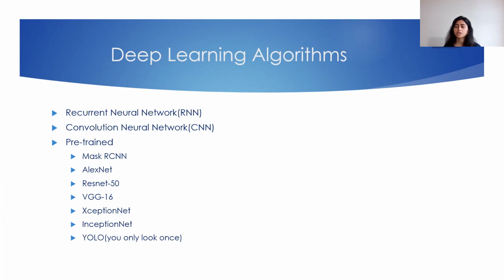Convolutional neural network is basically used in the case of image classification. We also have some pre-trained neural networks, which are Mask RCNN, AlexNet, ResNet, VGG16, XceptionNet, InceptionNet, YOLO. These are the pre-trained neural networks. This is also called transfer learning.